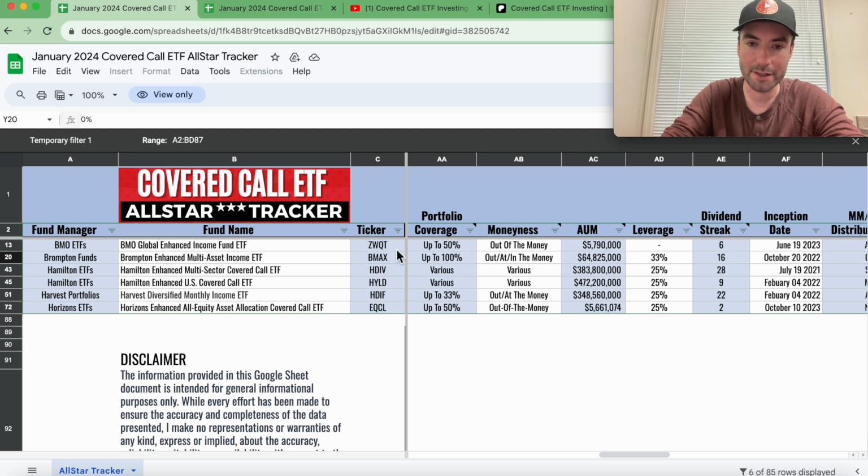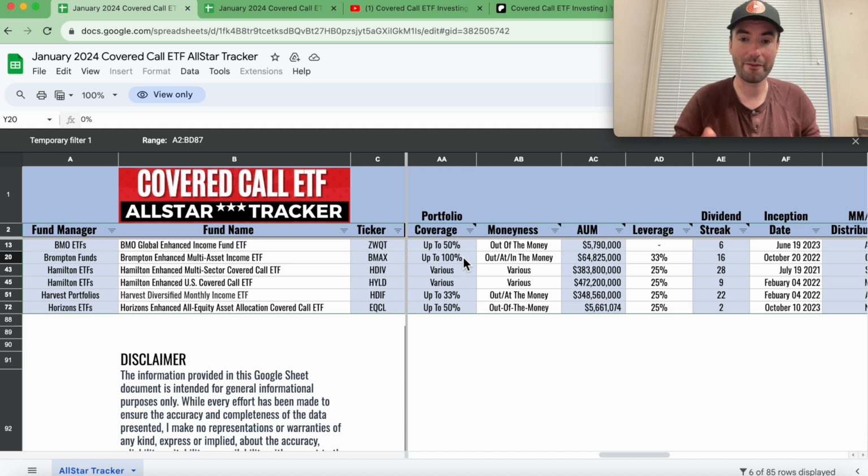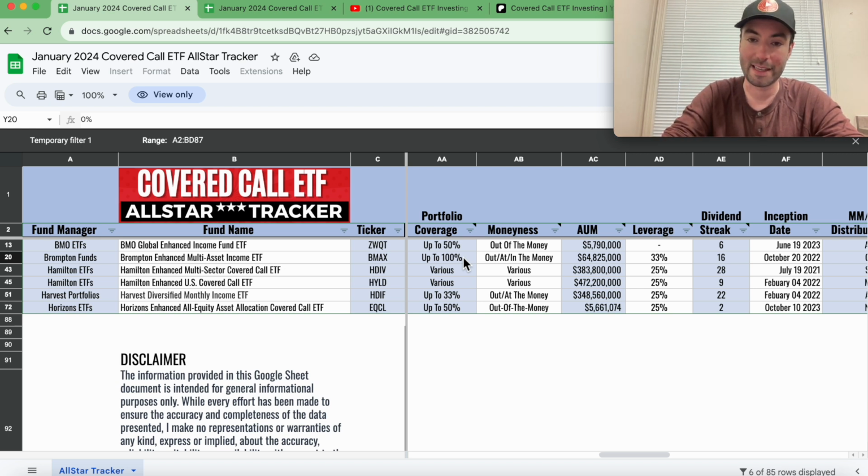But everything else, like ZWQ, they hold their own in-house ETFs for underlying assets. BMAX is probably the most liberal when it comes to this. They go up to 100% coverage if they really want to achieve consistent returns.